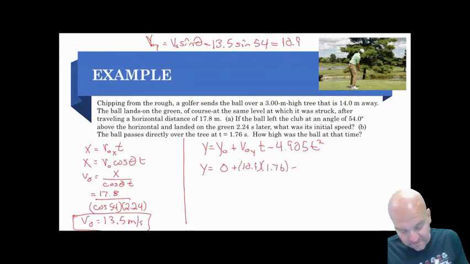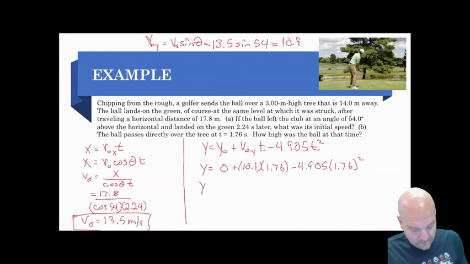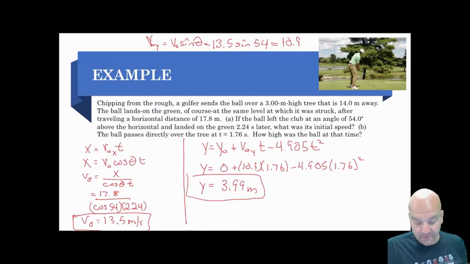And then we're looking at 1.76 seconds, where it goes over the tree. And so we do 10.9 times 1.76 minus 4.905 times 1.76 squared. And it tells us that we are 3.99 meters above the ground, right?